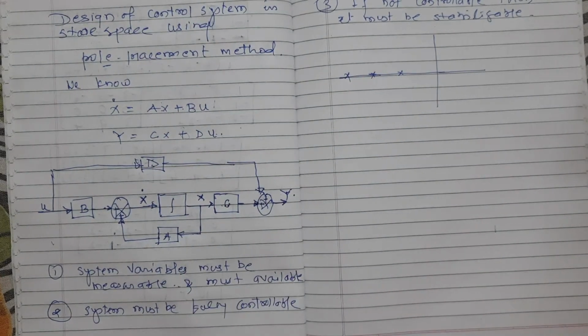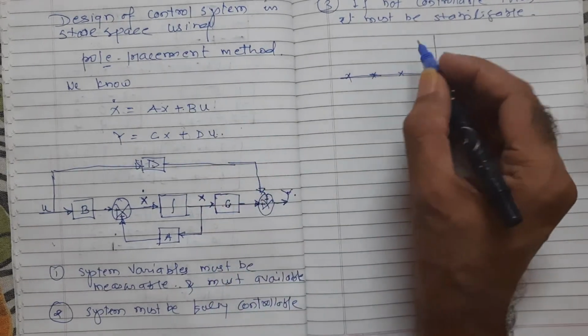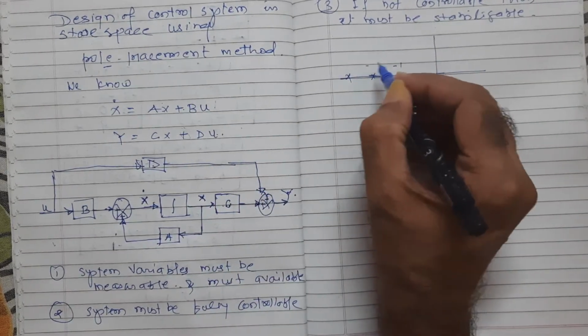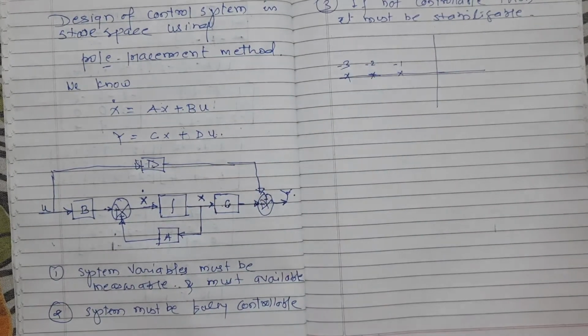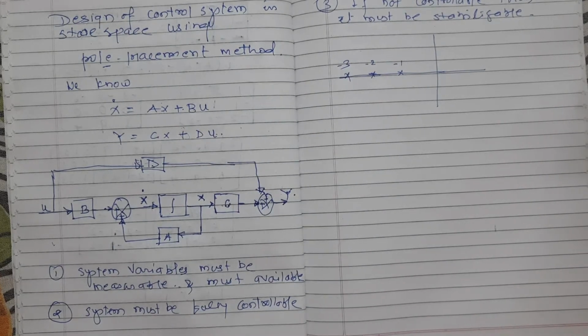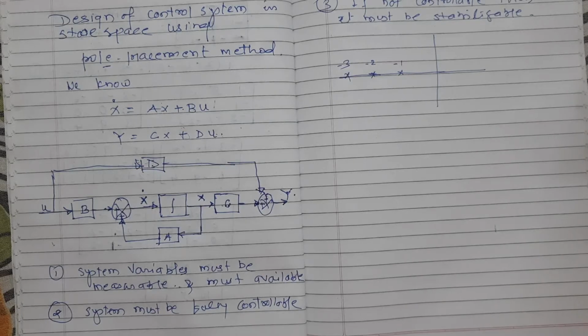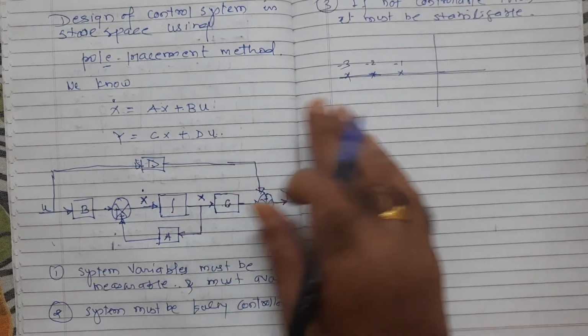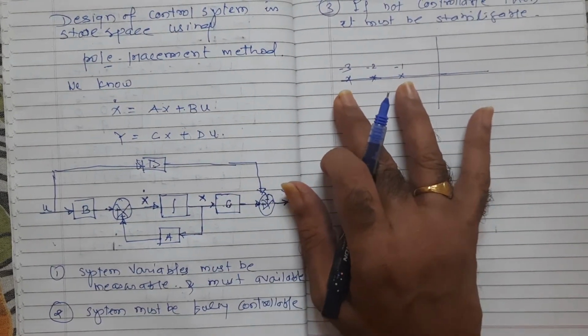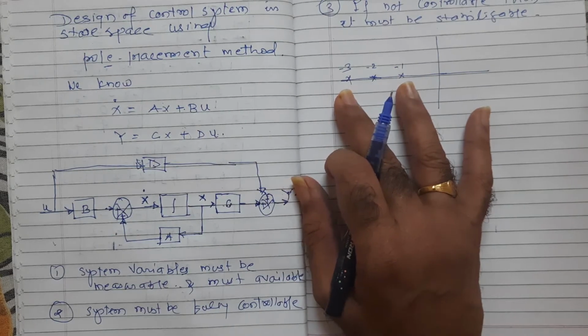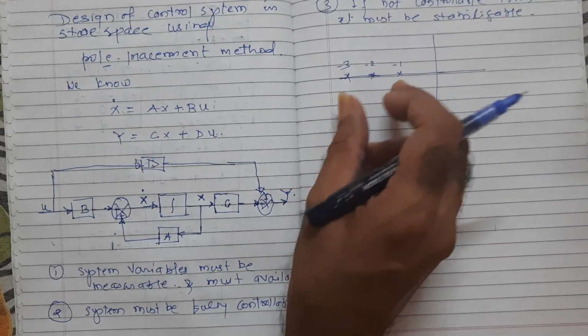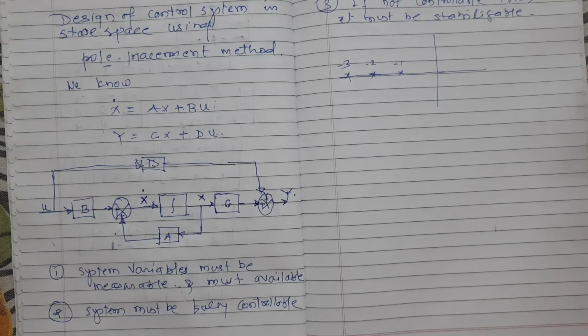Now let us say this is -1, this is -2, and this is -3. These are my three poles, the poles of the system. So my system is completely stable.